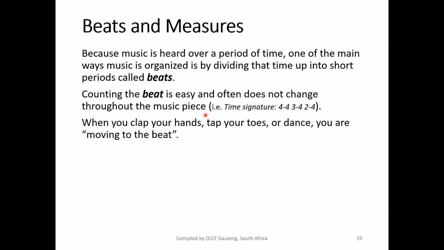Counting the beat is easy and often does not change throughout the music piece. So basically, if we have a 4/4 time signature, we know it's a constant 4/4 beat: 1 2 3 4, 1 2 3 4, 1 2 3 4, and it continues in the music unless there's a specific change.